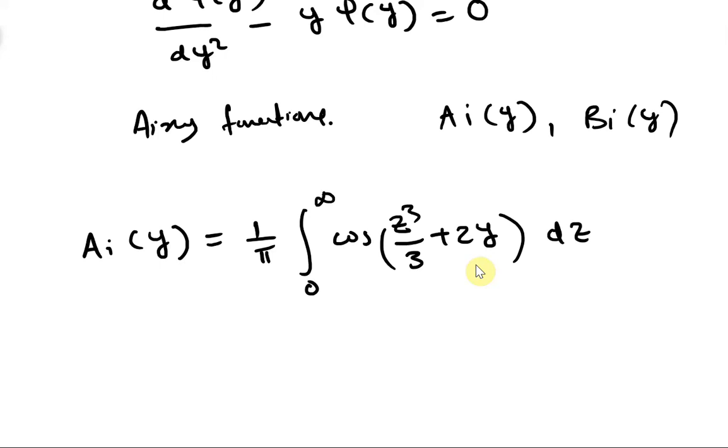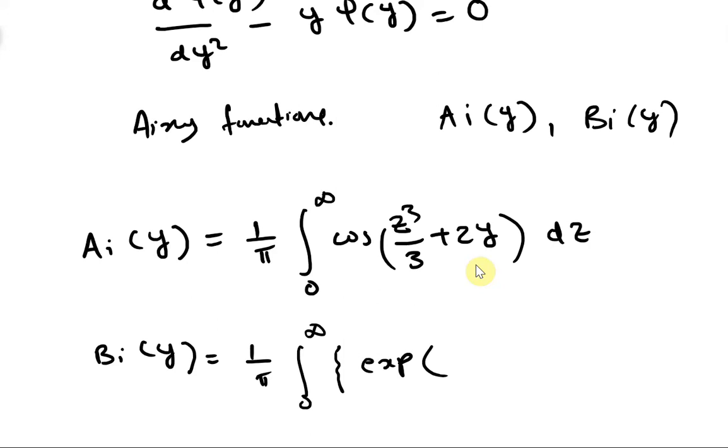This is going to be Ai of y, and Bi of y is going to be 1 by pi integral 0 to infinity again, and there are two functions here: an exponential function with the power minus zy minus z cube by 3.